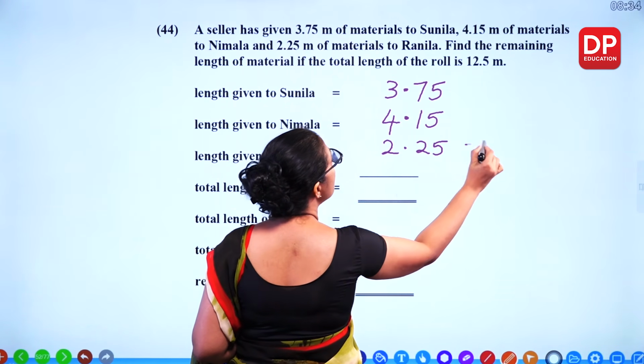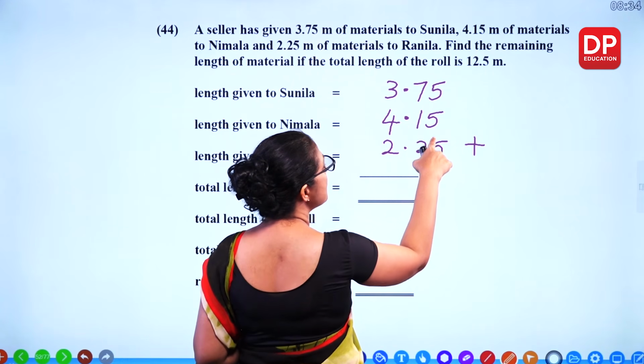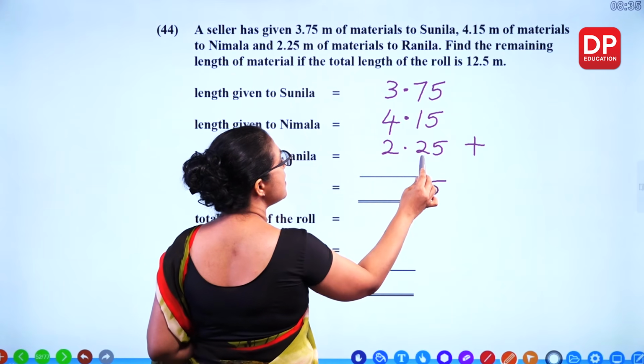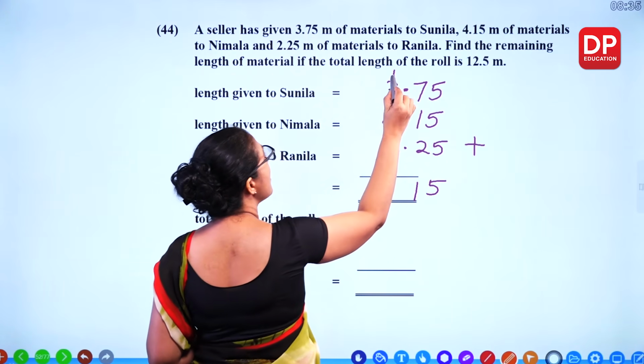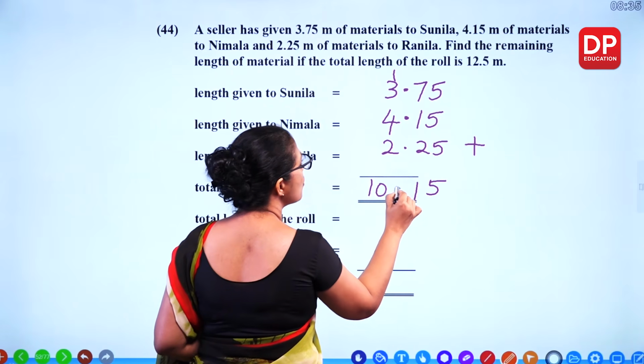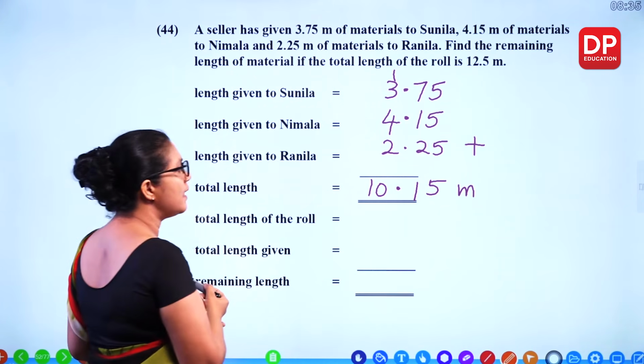Now add all these. That's the total length. 5 and 5, 10, 15. 1 remaining. 8, 9, 11. 1 there. So 4, 4, 8, 8 plus 2, 10. So 10.15 meters is the total length.